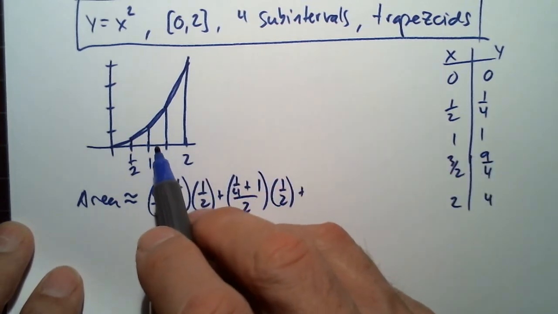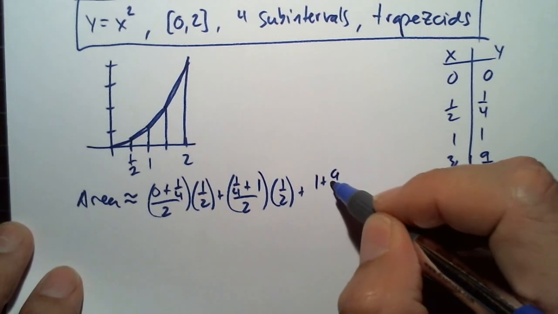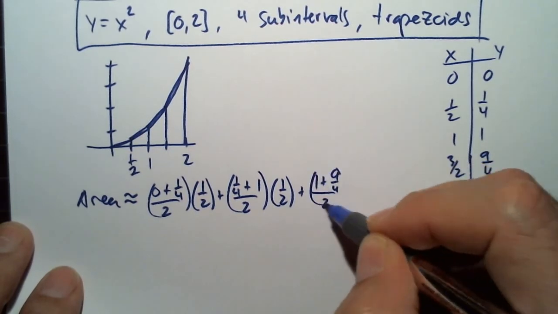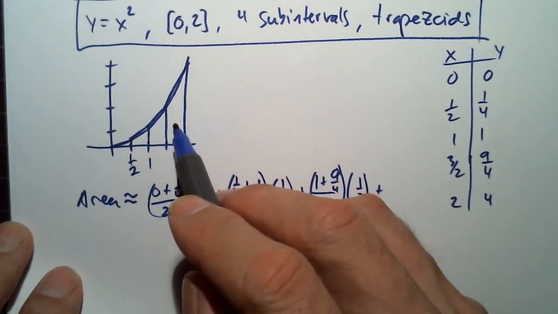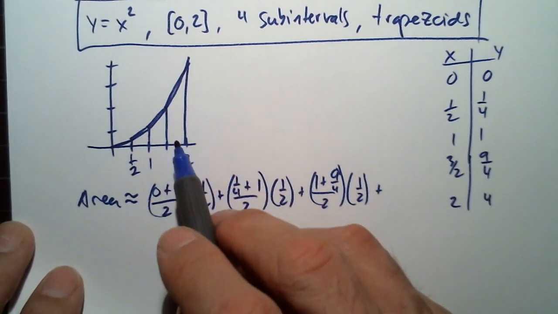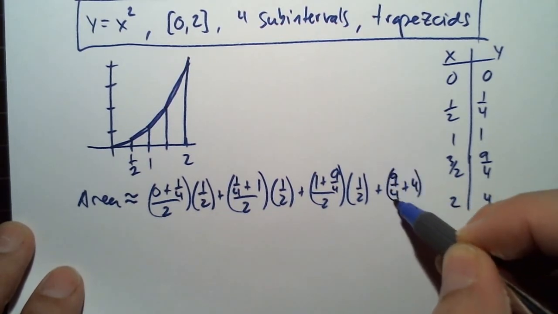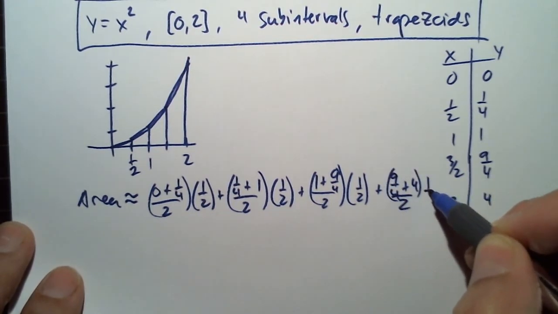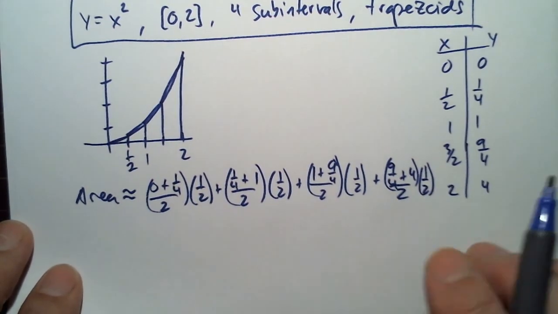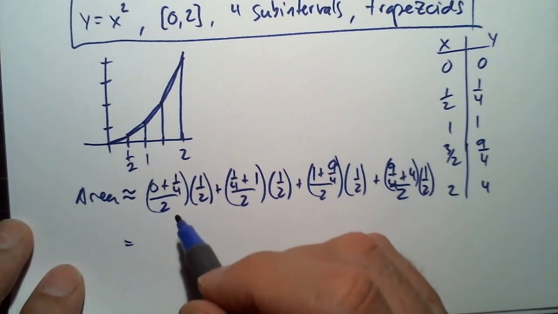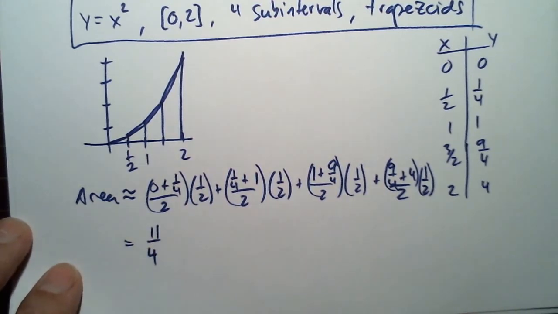For this trapezoid, we're going to go 1 and 9/4, 1 plus 9/4 over 2 multiplied by the base. And this last trapezoid is 9/4 and 4 divided by 2 multiplied by the base. And we end up with 11/4.